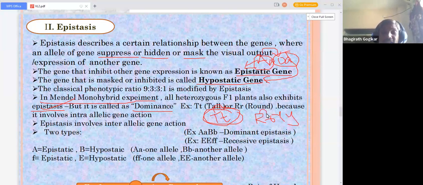This gene suppresses the small r gene character, and this gene suppresses the small y gene character. So that's why it is one kind of epistasis, but in that case it is not called epistasis. This is called dominance. But in case of two different alleles, we can call it epistasis.